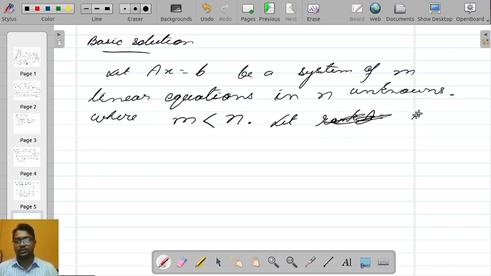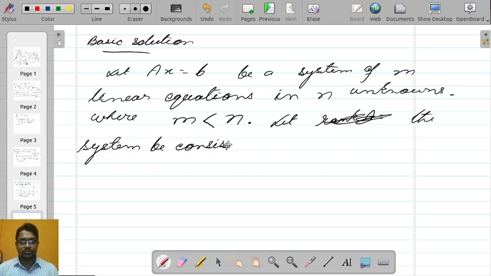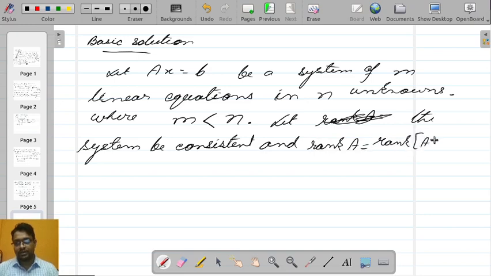Let the system be consistent, which means it has a solution, and not only consistent, its rank of A equal to rank of the augmented matrix is equal to m. So we are taking that the rank is exactly equal to m.